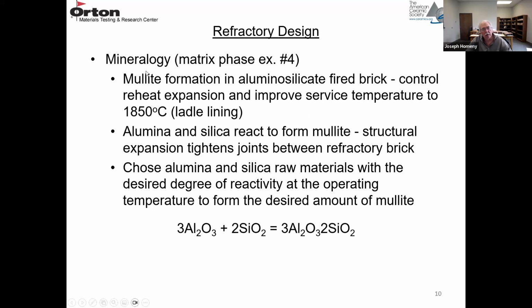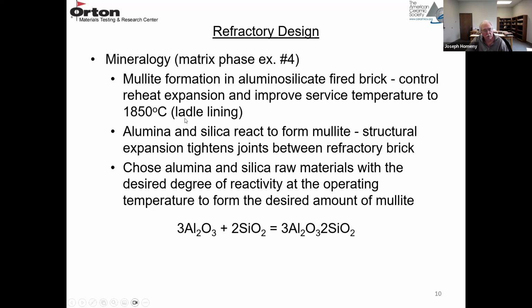Another example, this is a mineralogy example in the matrix. We talked about mullite formation in aluminosilicate fired bricks. And that also controls the reheat expansion and improves service life for ladles.